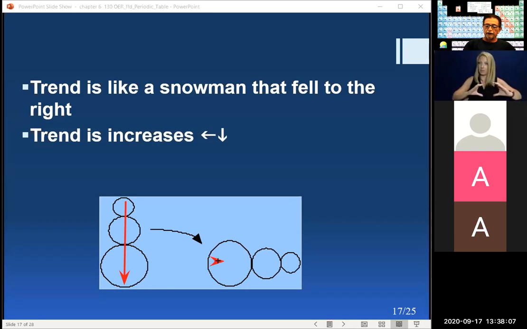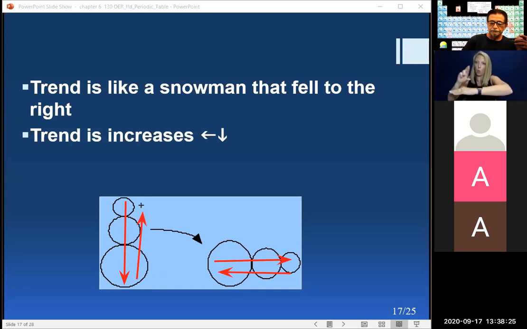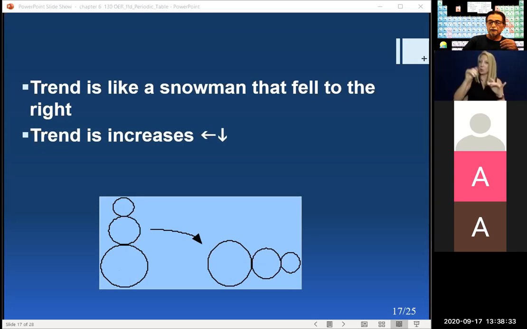And as we go from left to right, the diameter decreases. Left to right, decrease; right to left, increase. And the counter for the other one. Whatever works best for you to remember. But the snowman's a good little guide to help you out with respect to the radius.